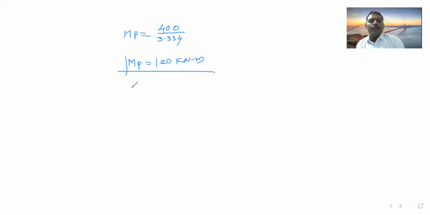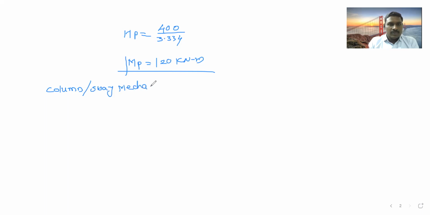So this is the plastic moment for the beam. So we have solved the beam mechanism. Now we have to go for the second mechanism, the column or sway mechanism.